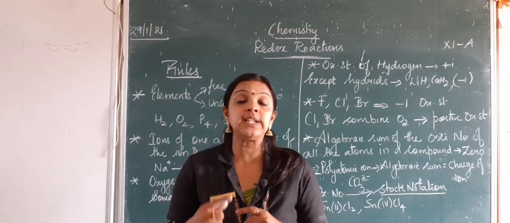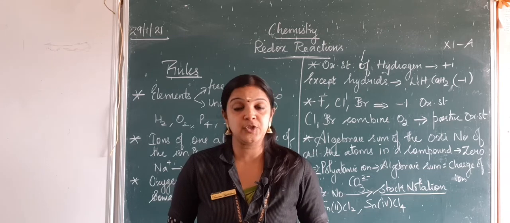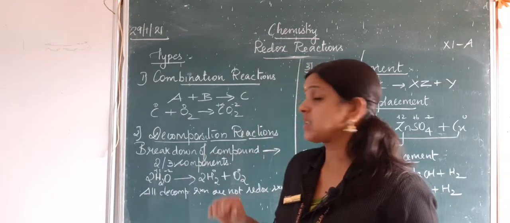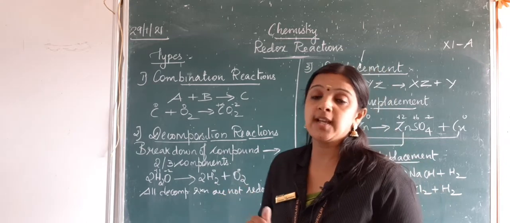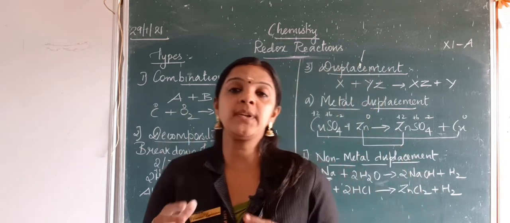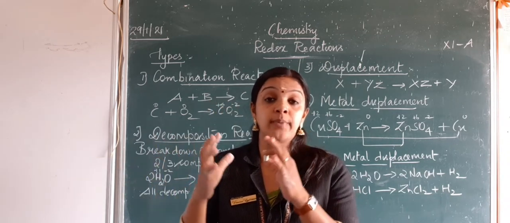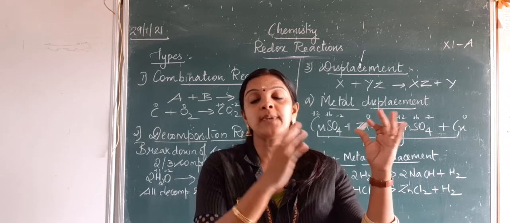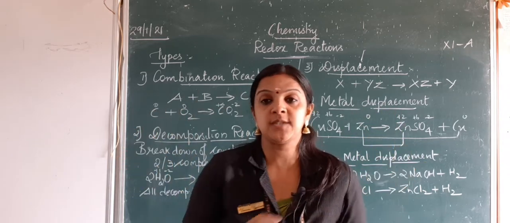Now we are going to learn about some of the reactions involved in this chapter. Let us learn some types of redox reactions. The first type is the combination reaction. Combination means two or three things combine together to form a complex compound. Simple molecules combine to give a complex molecule.